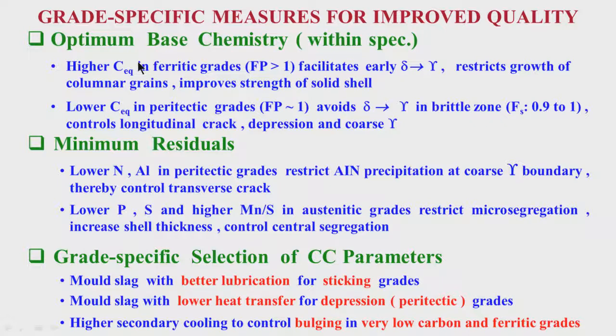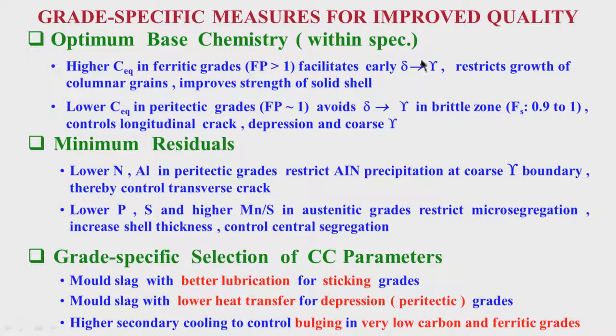By that process you are trying to induce delta to gamma at higher temperature. It is normally at very low temperature, much below solidification completion. For this type of grades the solidification end temperature is quite high, maybe 1400, maybe 1450. So delta remains at high temperature during cooling for quite some time.